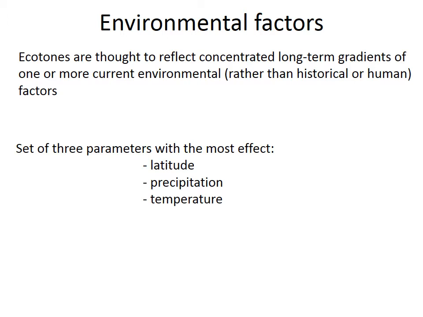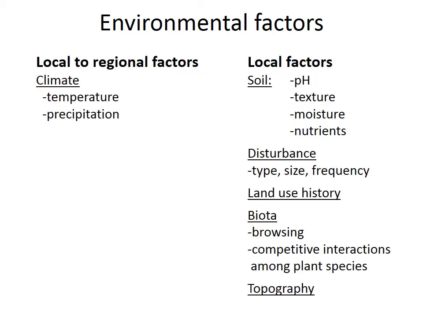Precipitation and temperature are very important as well. So precipitation affects whether there's grassland vegetation or forest vegetation, so forests grow in areas with more precipitation. So temperature and precipitation are related to climate. They can be local factors, but they're often regional factors.